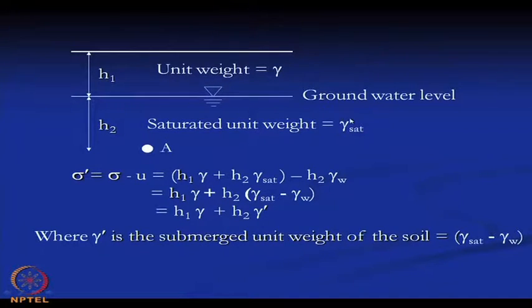Now, how will we calculate the total stress or effective stress in a soil medium? Suppose this is a soil medium where the water table is at a depth of H1 from the ground surface, and the unit weight of the soil above the groundwater table is say gamma, and the unit weight of the soil below the groundwater table is the saturated unit weight, because it is below the water table.